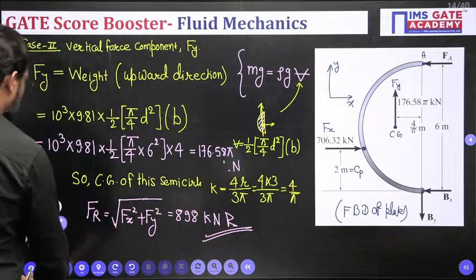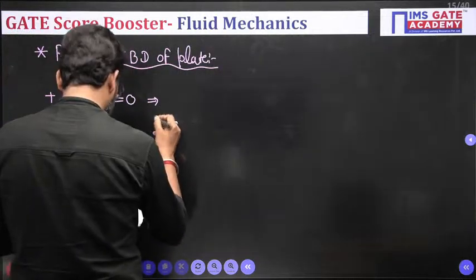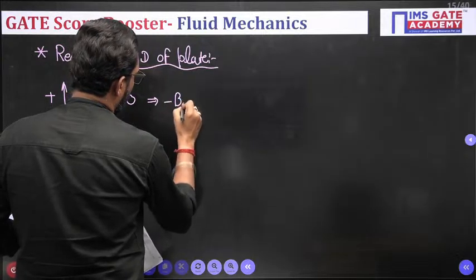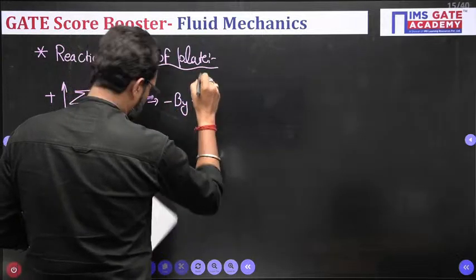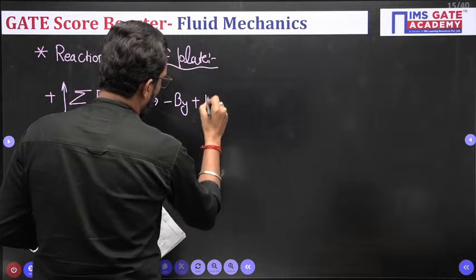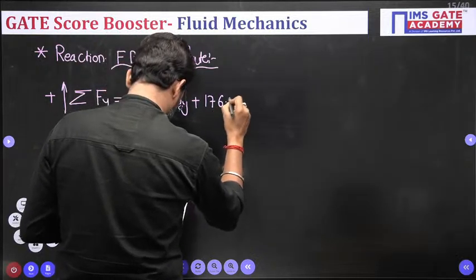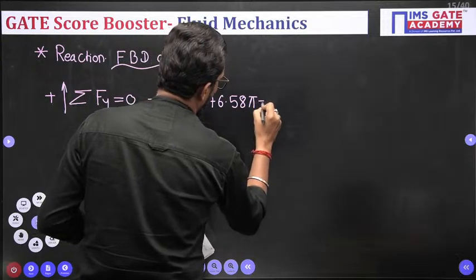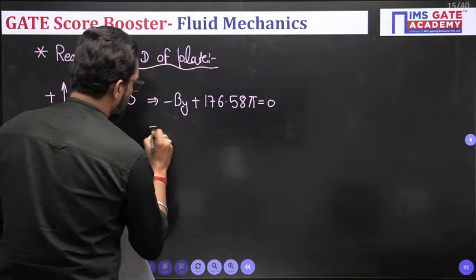That means we have to take it like that: minus By plus downward 176.58 is equal to 0. So what is By?